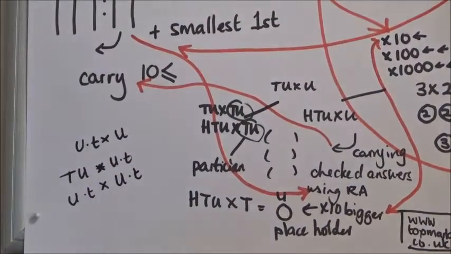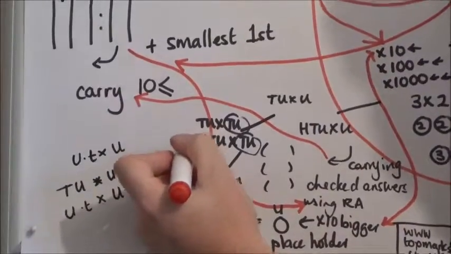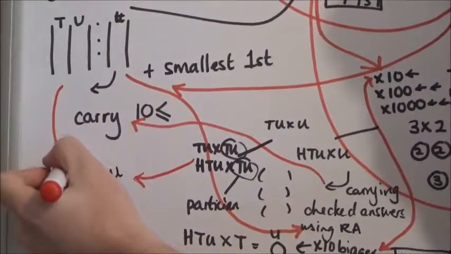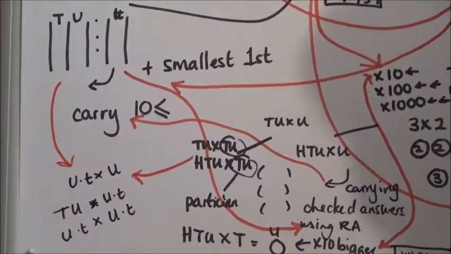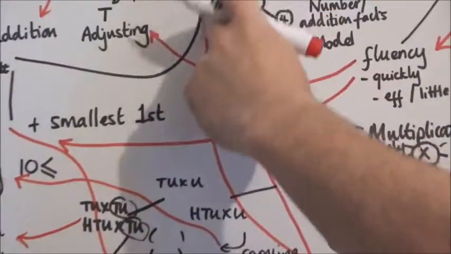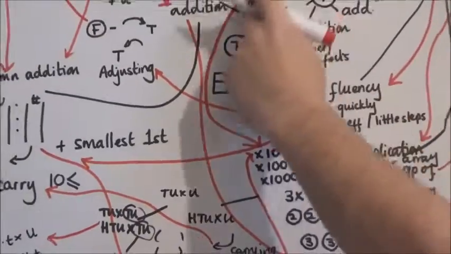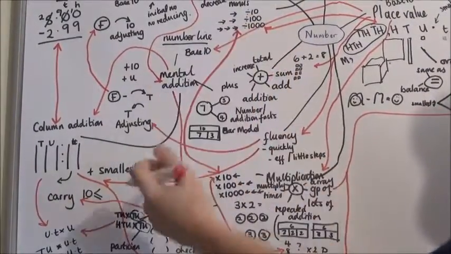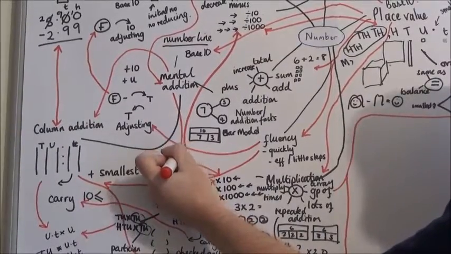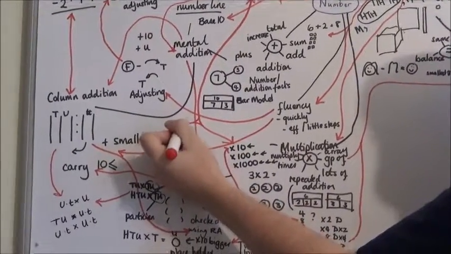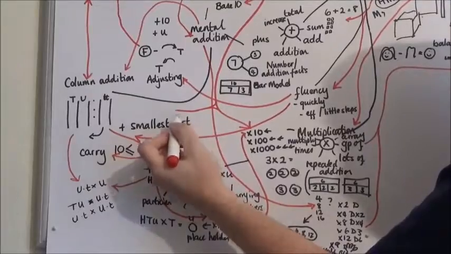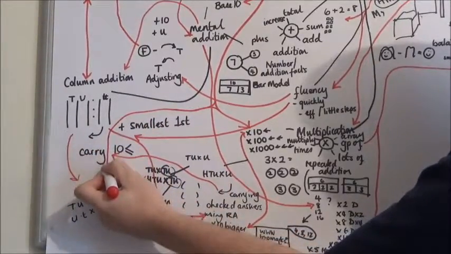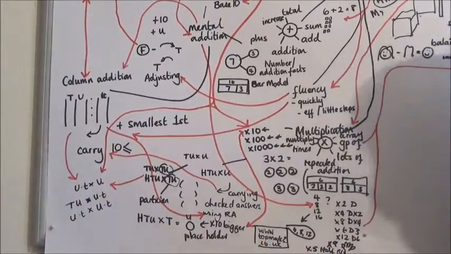And what knowledge did we link in there? Well, we used that knowledge from our column multiplication. We used column addition to add the answers together at the end. And here, if we look at this section, we actually had to use our multiplying by 10, 100, 1,000 and dividing by 10, 100 and 1,000. So I'm going to do a little carry off there and take it all the way around here to that.